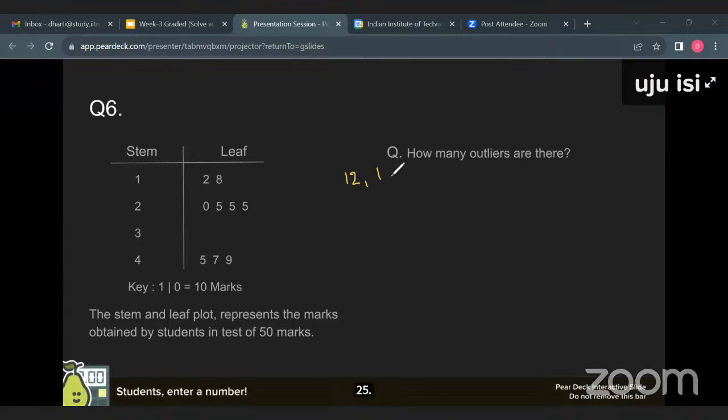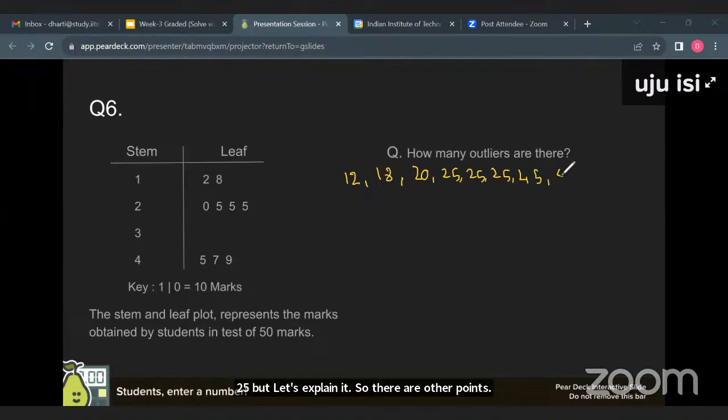So there are the points 12, 18, 20, 25, 25, 25, 45, 47, 49. How many data points are there? 9, ma'am. Generally, if you want to calculate the median, and the number of observations is odd, then you just pick the middle value. You have to arrange the values in ascending order.